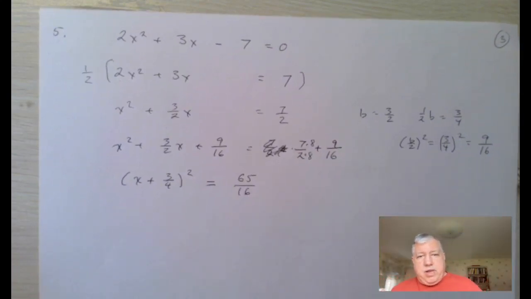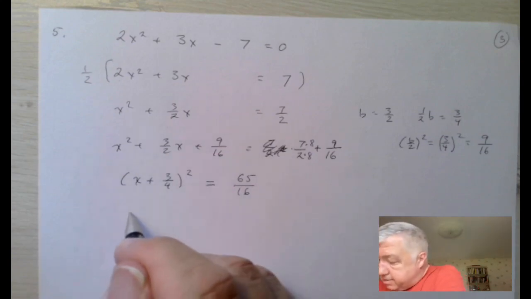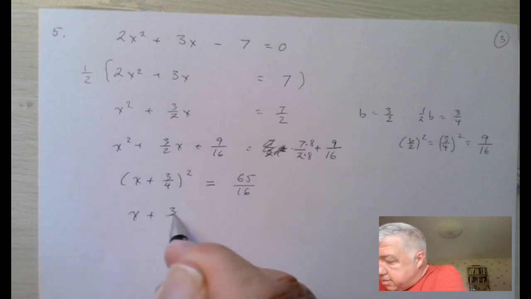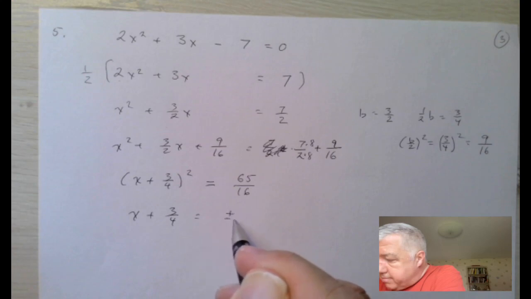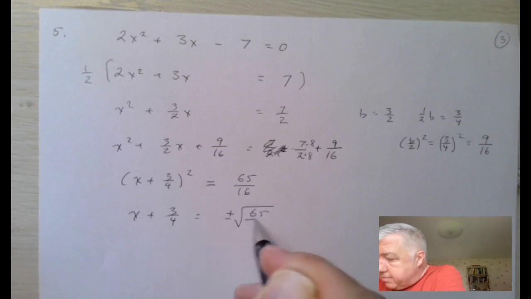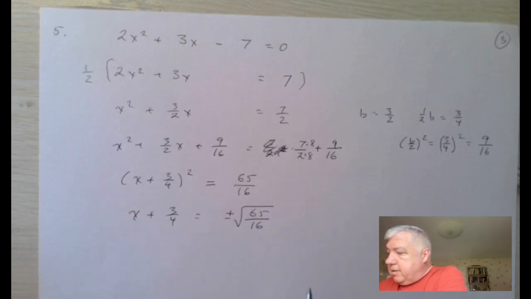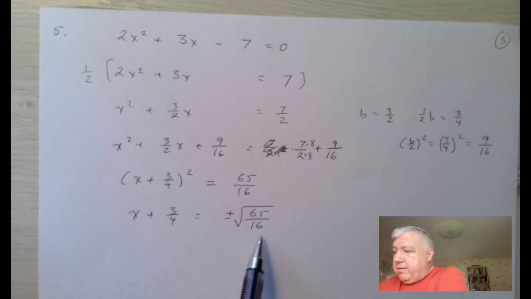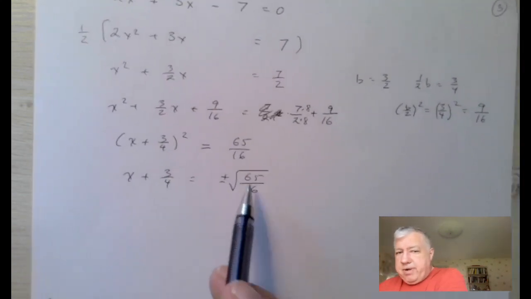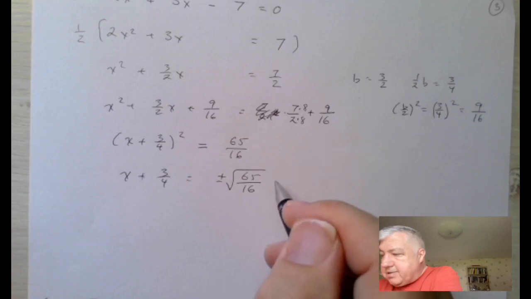Okay. Then we can take the square root of both sides. And you'll see that we have a perfect square right here, so the square root of 16 is 4.